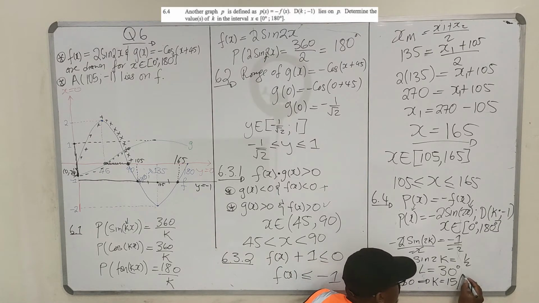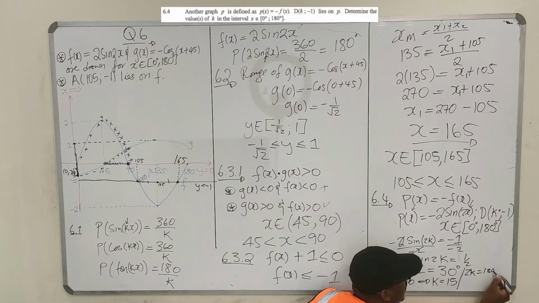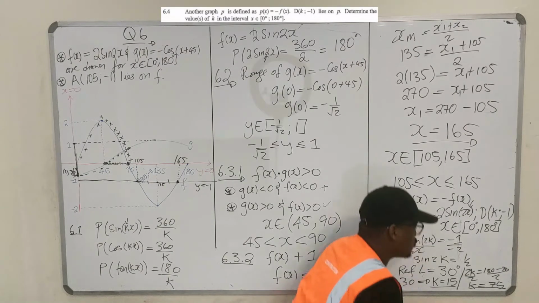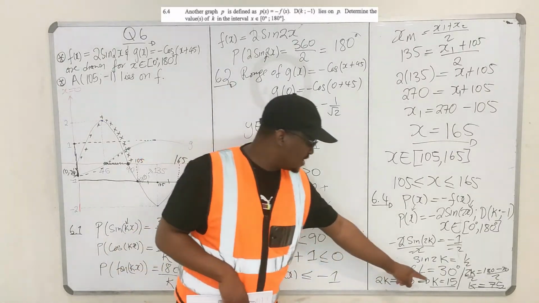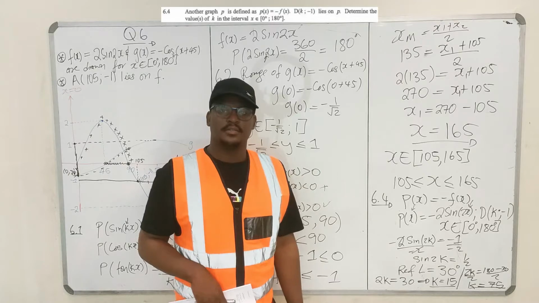Or you say your 2k is equal to 180 minus 30, which is equal to 150, divided by 2. So your k is possibly 75 degrees. So these are the possible values of k on the interval from 0 to 180 degrees: 15 degrees and 75 degrees. Done.